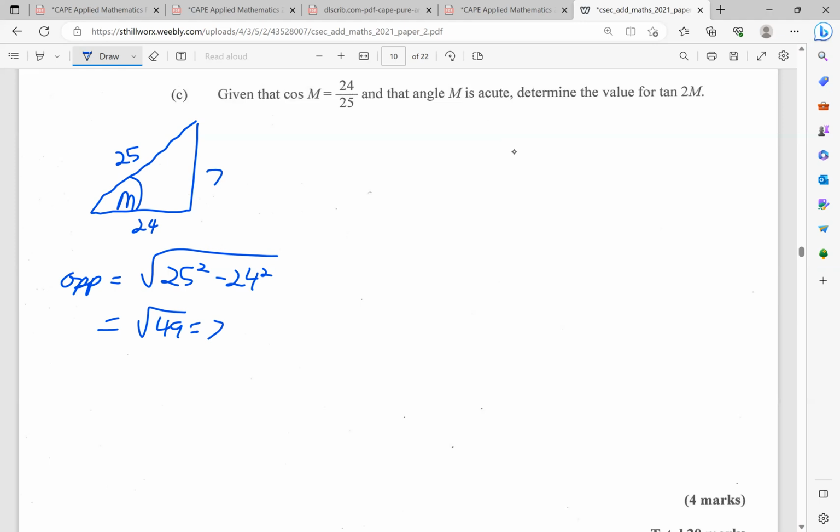Now, 7, 24, 25 is also a known triangle, right? But if you don't know it, fine, right? So tan M is opposite over adjacent, which is 7 over 24.